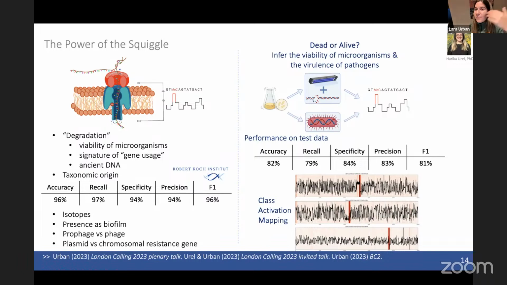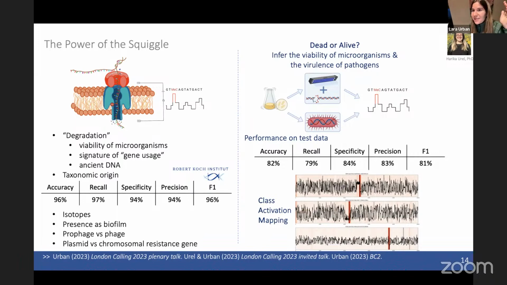Because if something has just died, maybe we might still be interested in it, because it still lived and flourished in this ecosystem, but very often it's not easy to still find something like that in the RNA.